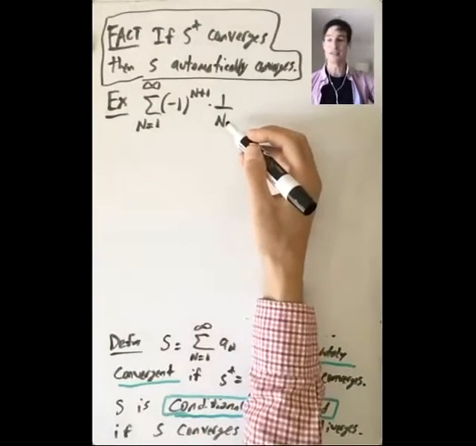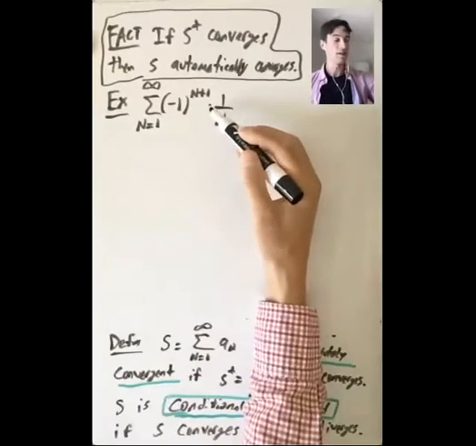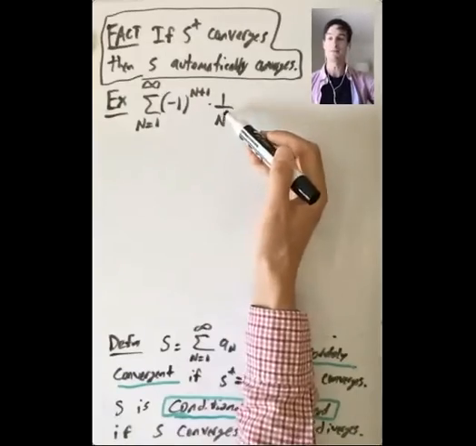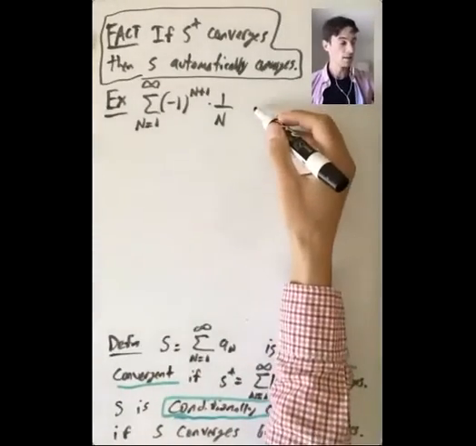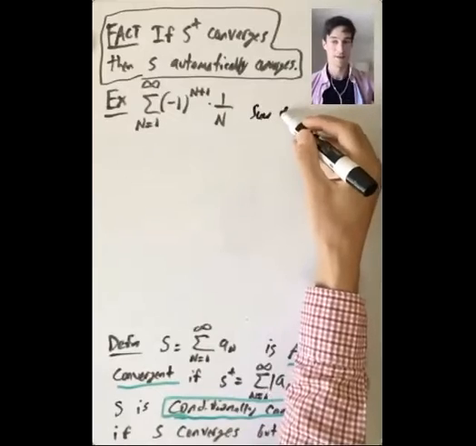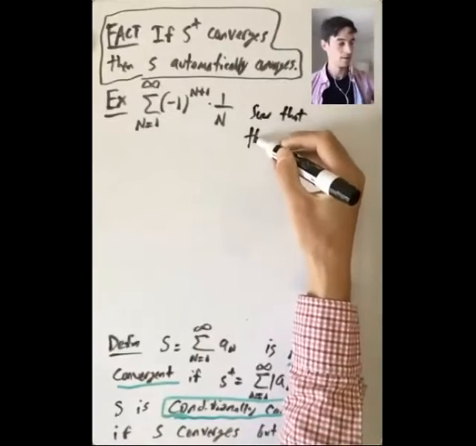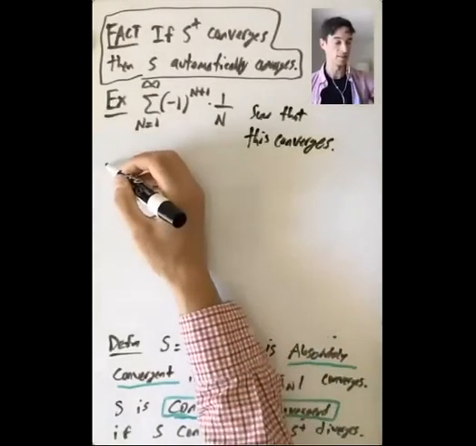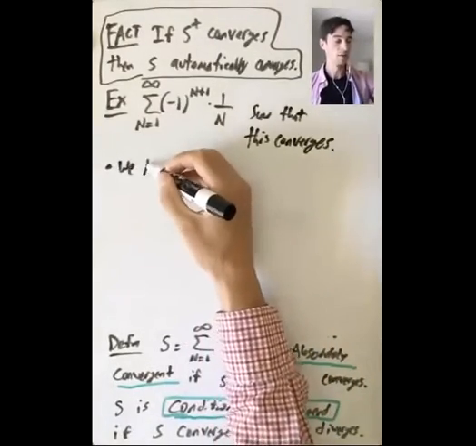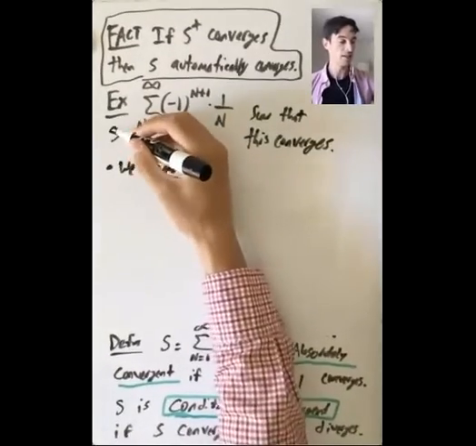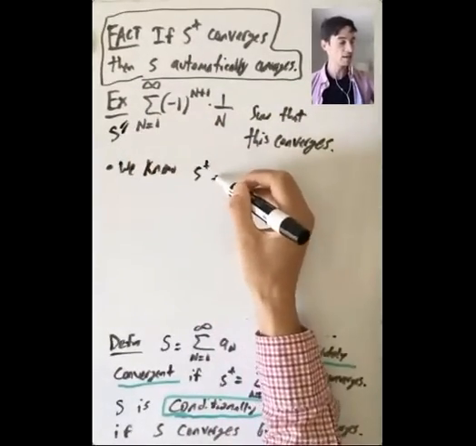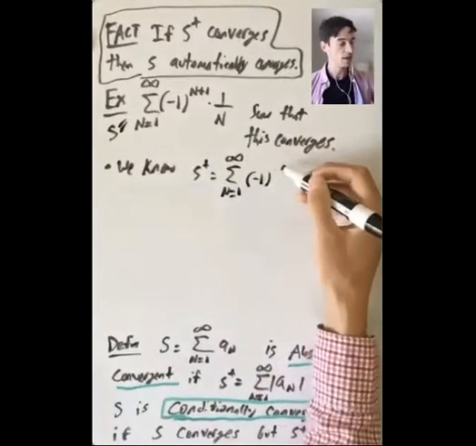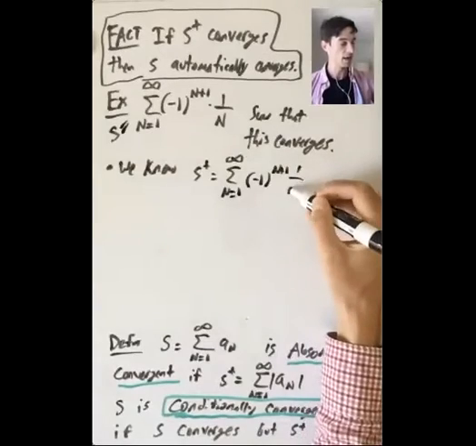Okay, so let's look at this example. We have this series, the sum from n equals 1 to infinity of (-1)^(n+1) times 1 over n. And we saw that this converges by using the alternating series test. But we know that if this series is S, then S plus is the sum from n equals 1 to infinity of the absolute value of (-1)^(n+1) over n.